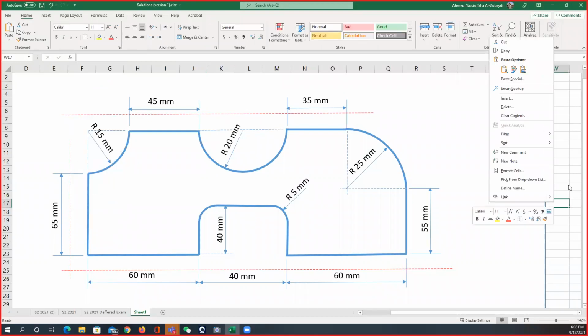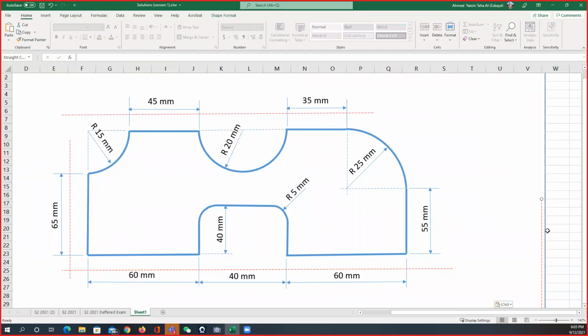Now what I'm doing with the parallel lines, which are offset by 5 millimeters, is I try to figure out what will be the cutting path. Okay, so I finished with the lines.